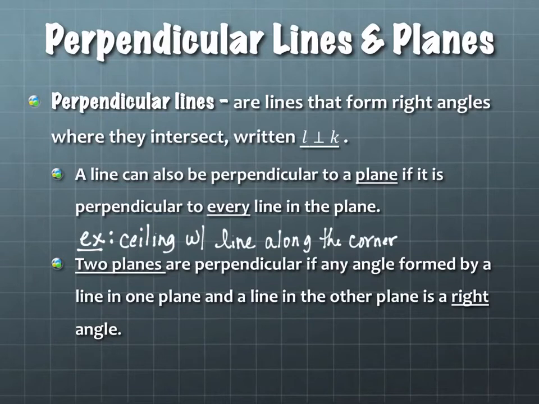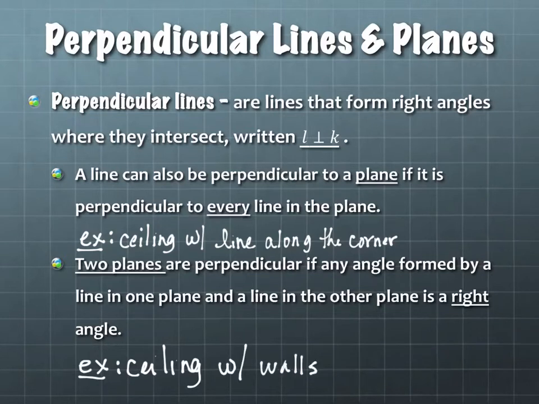If you have two planes that are perpendicular, this happens if any angle formed by a line in one plane and a line in the other plane is a right angle. So you could actually imagine, again, my ceiling with, at least in this room, one of the walls. Now, that's not true for every ceiling and every wall.